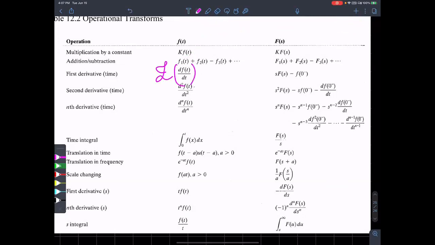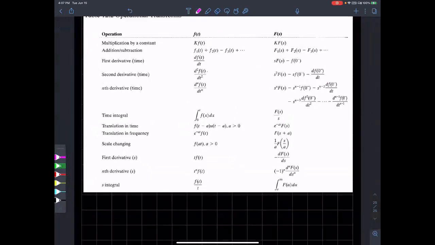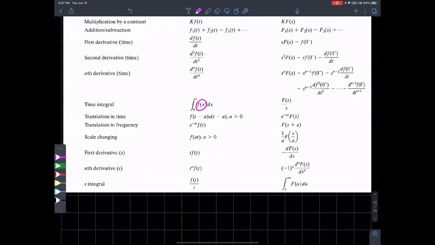The Laplace transform of a derivative of a function. What do you get? s times the Laplace transform of the function minus the initial conditions. I'll talk about initial conditions in an example. What about if I have an integral of a function, and I want to do a Laplace transform of an integral of a known function?